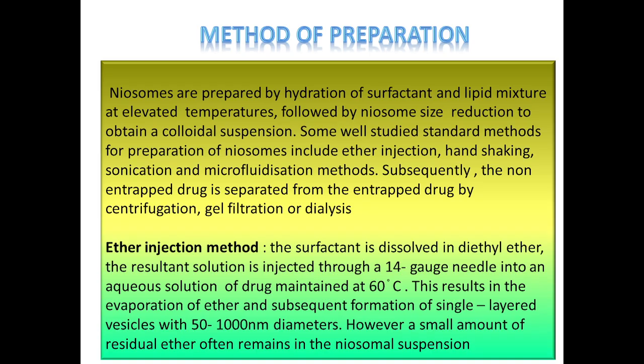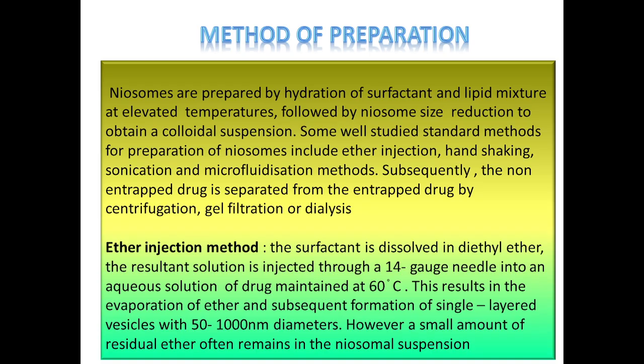Some well-studied standard methods for preparation of Niosomes include ether injection, hand shaking, sonication, microfluidization method. Subsequently, the non-entrapped drug is separated from the entrapped drug by centrifugation, gel filtration or dialysis.